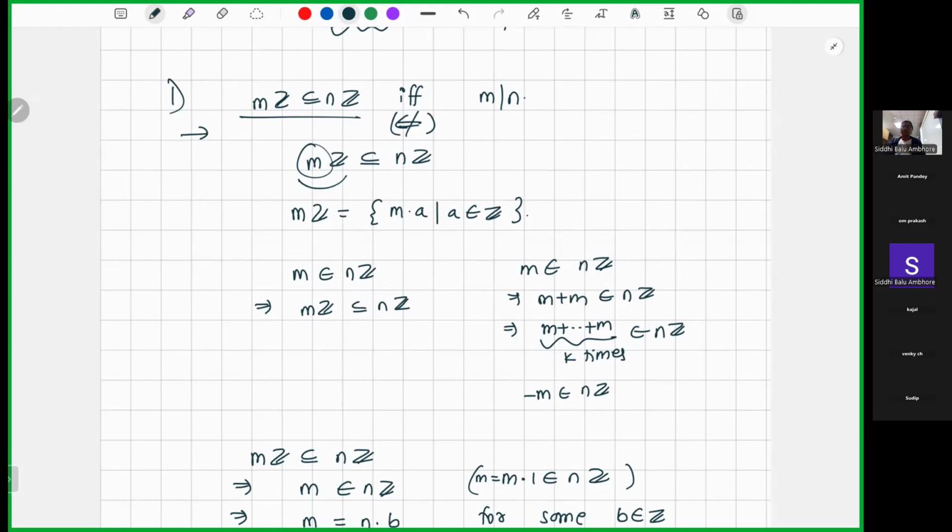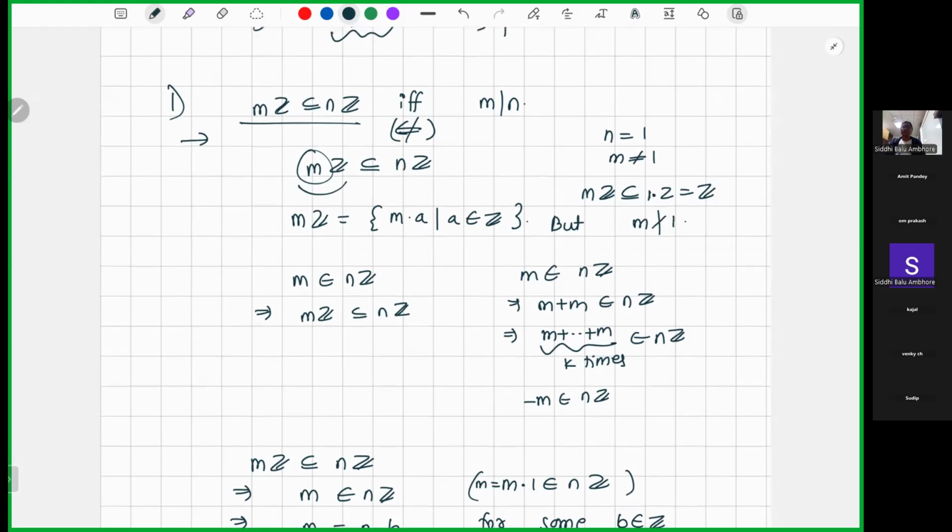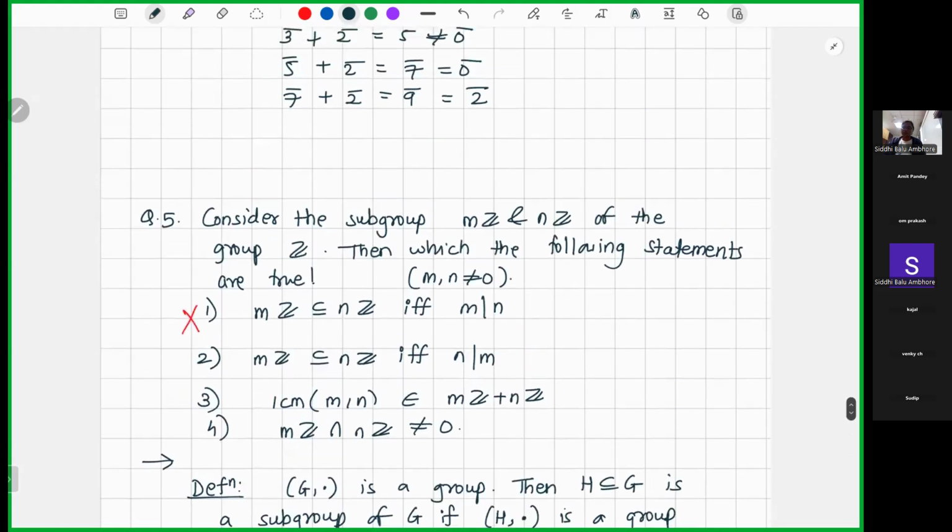And also to check the other condition, if I take N equal to 1 and M to be any integer not equal to 1, then MZ is contained in 1Z, which is my Z, but definitely M does not divide 1, right? Only 1 divides 1. And I can take M and N to be greater than 0 maybe.